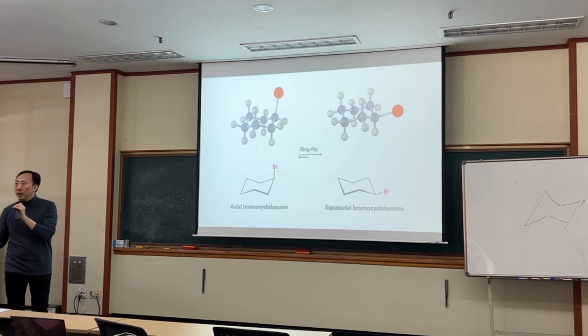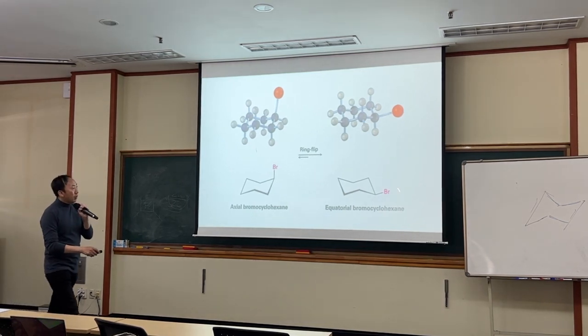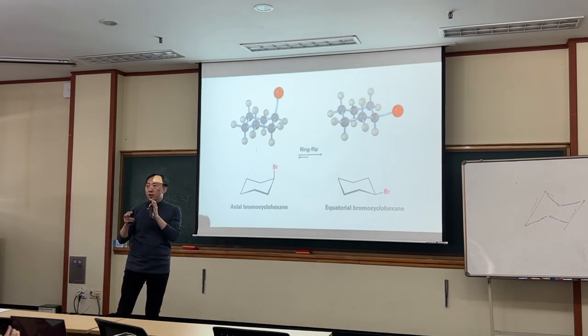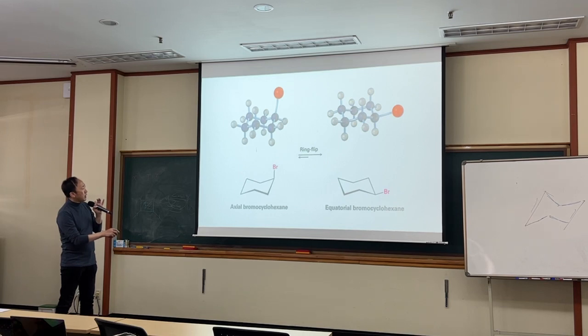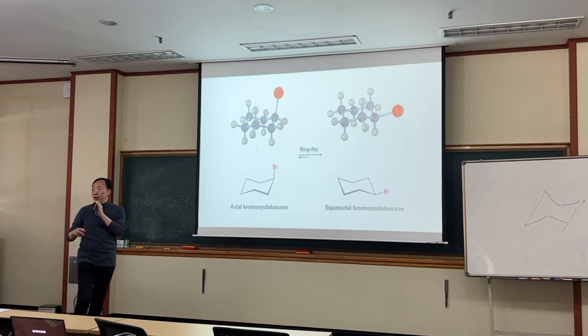Which one may be more stable? Equatorial, right? Bromine is much bigger than hydrogen. That's why if it comes here, then it will collide with this hydrogen and this hydrogen.